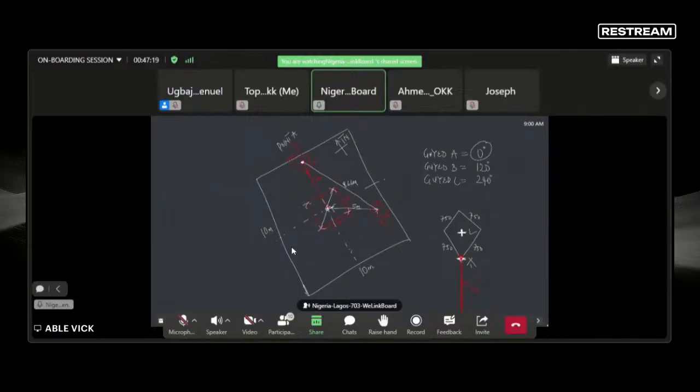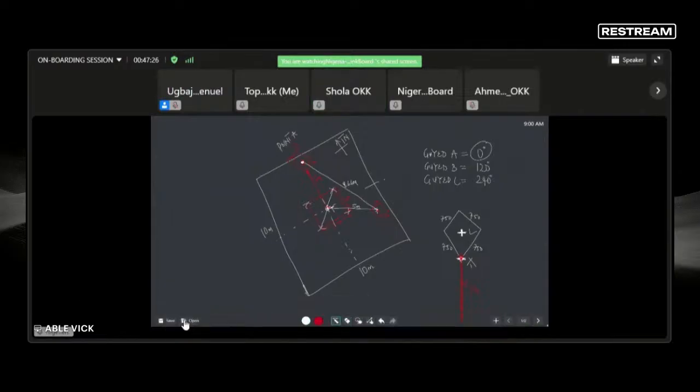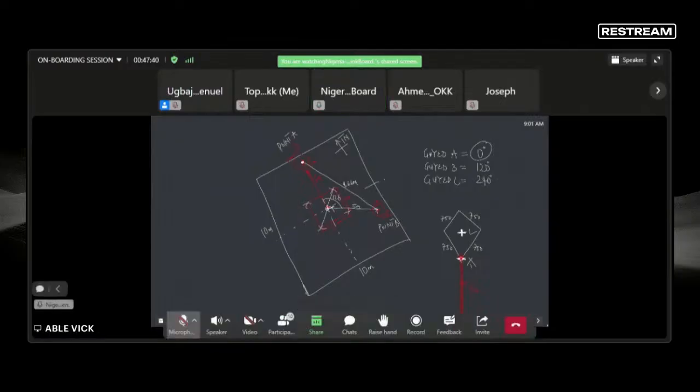Is point B clear? Yes, it's clear. So if you have anything on site that can measure this angle for you, you find out that this angle is 120 degrees. You can use it to double confirm what you've done.